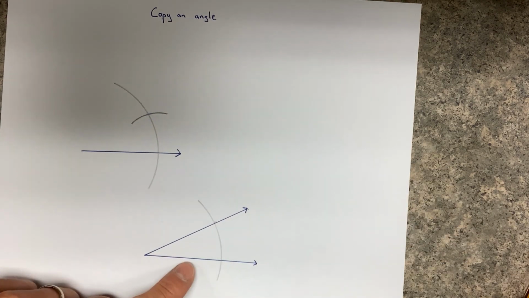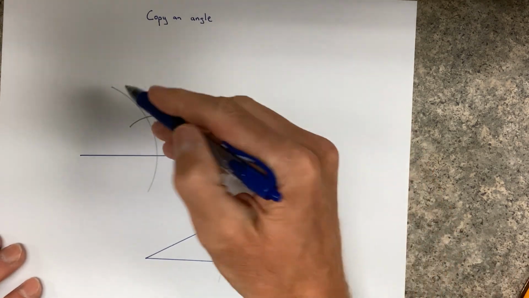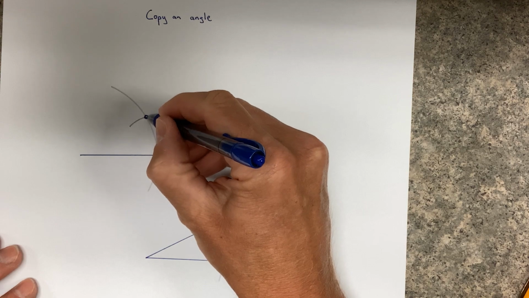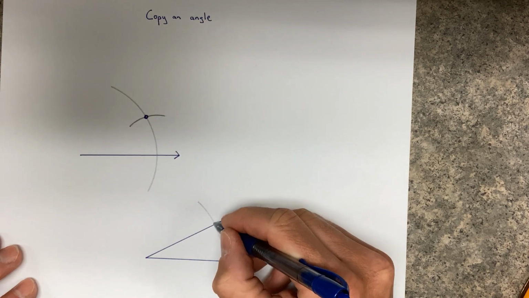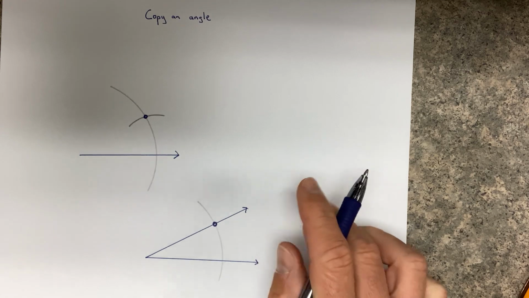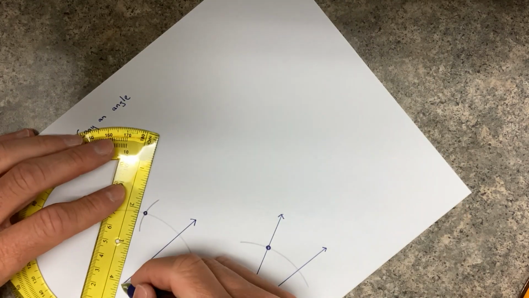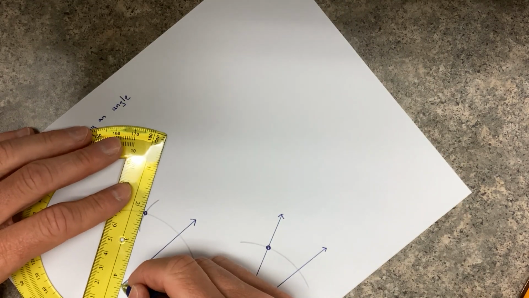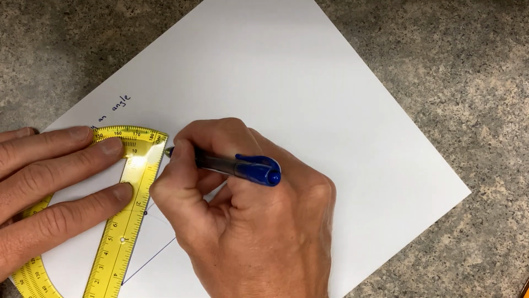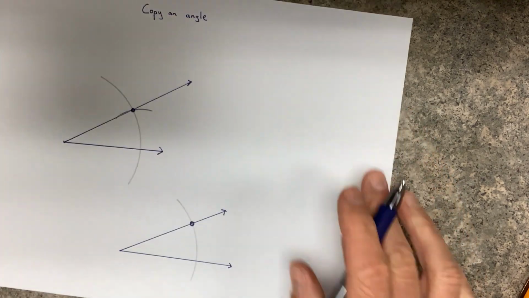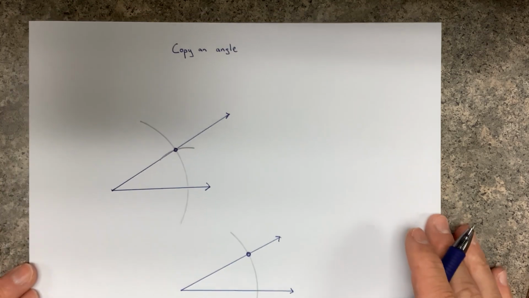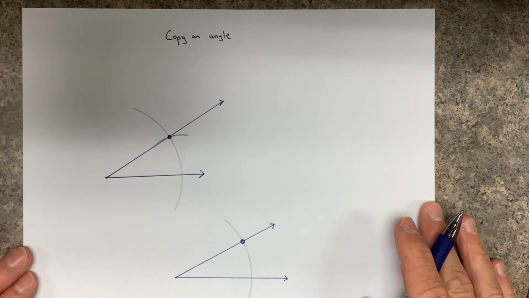This length and that length were already the same. So that means that this point is in the exact same location as this point was. And all I have to do to copy the angle is connect those dots. And I've got it. Okay, I've copied an angle.